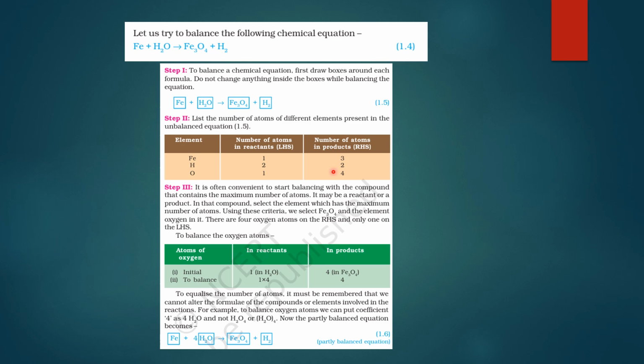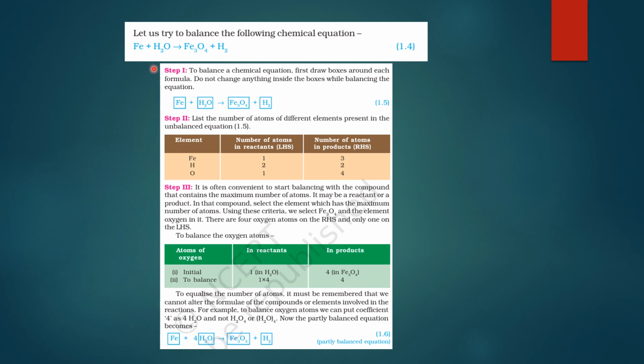So if we compare the numbers in this table, we see that for iron, the numbers are different. For hydrogen, it's same. For oxygen, again, it's different. If it's different even for one element, the equation will be unbalanced. Okay, so we see that this particular chemical equation is not balanced and we have to balance it now, right?